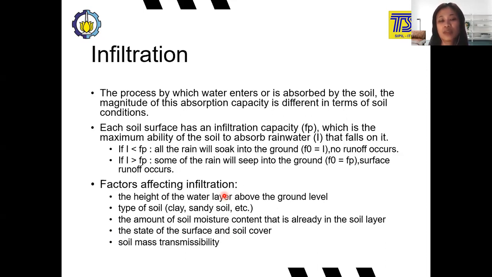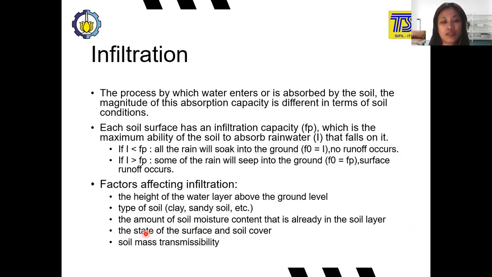That's why the amount of soil moisture content affects the infiltration, because if it is already high, the infiltration cannot be as high as in dry soil.